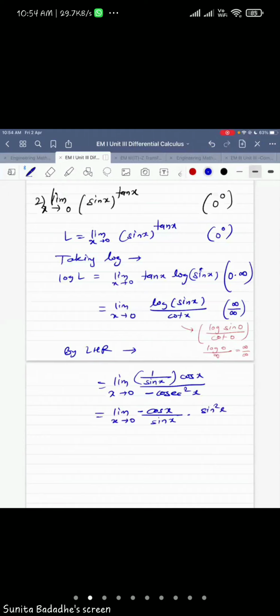Cosec x square will become minus sine square in the numerator. So one sine x is getting cancelled, negative sign I'll take outside, and this will be sine x cos x. But sine 0 is 0. So log L, and cos 0 is 1. So this is equal to 0. So L is e raised to 0. So again the answer is 1.